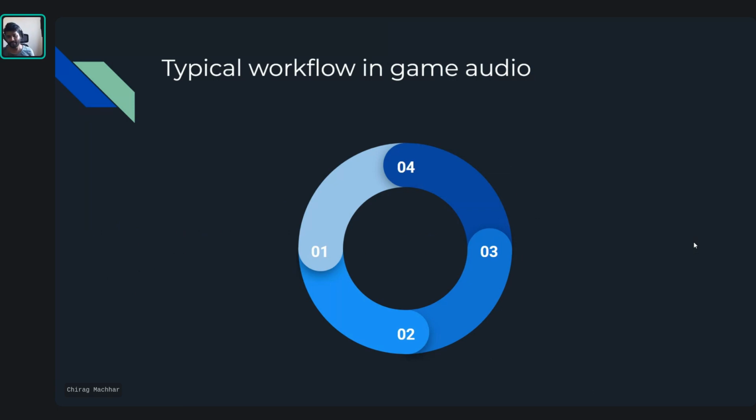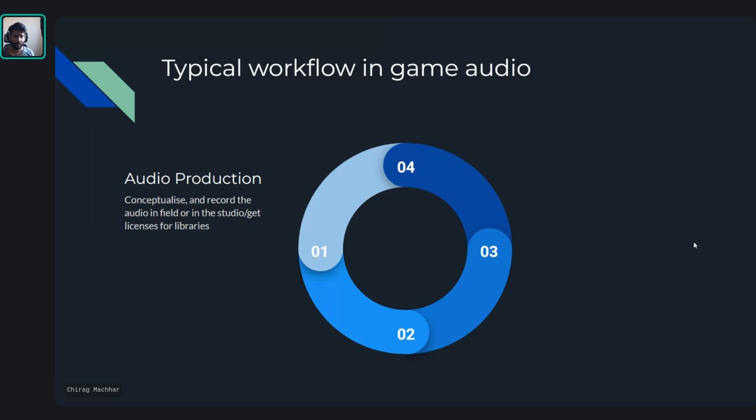Typically I see the workflow divided into 4 parts. The first part of the workflow is audio production. At this stage, you're conceptualizing the ideas. It's maybe pre-production before the game has been developed.